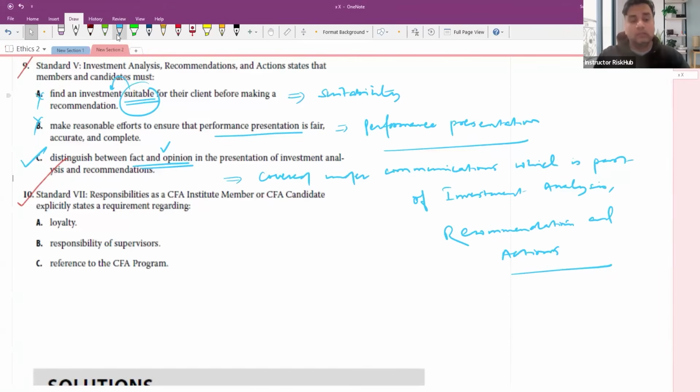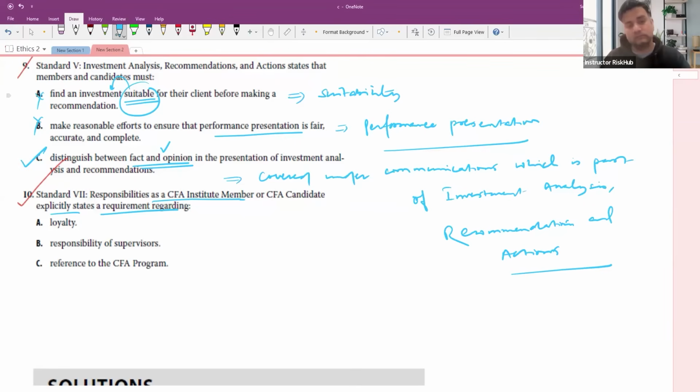Fine. All right, so this is done. Next one, again the last question for this topic: the responsibilities of a CFA Institute member or CFA candidate explicitly state a requirement regarding what? You have a requirement regarding loyalty, you have a requirement regarding responsibility of supervisors, and a reference to the CFA program. See, responsibility as a CFA Institute member does not explicitly state anything about loyalty.